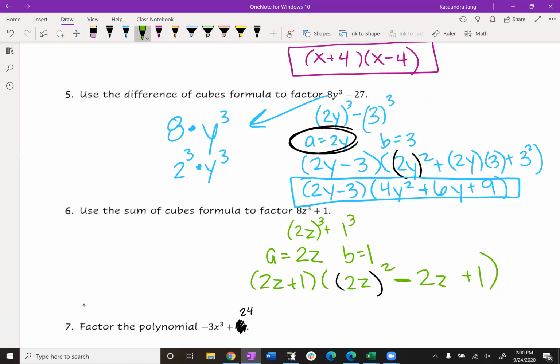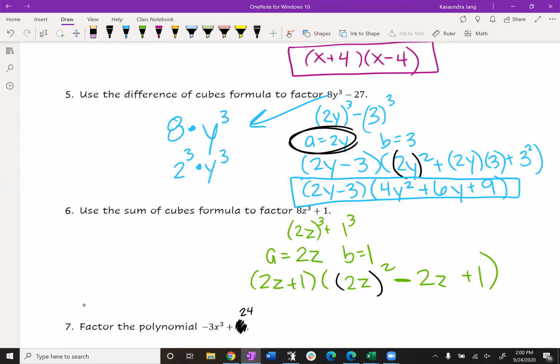Now a times b, I think you didn't write times 1. You didn't really need to put times 1, but that's kind of how you get the 2z. It was this a times b, so 2z times 1 is 2z. That's true. And then you had to have your b squared, and you didn't write 1 squared, but that's fine because 1 squared is 1. But that's where that's coming from.